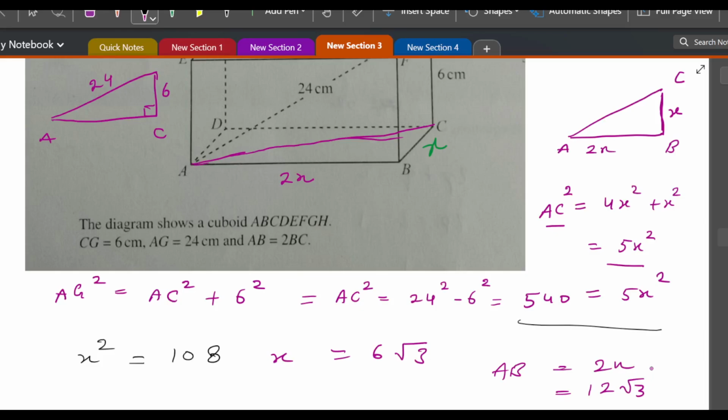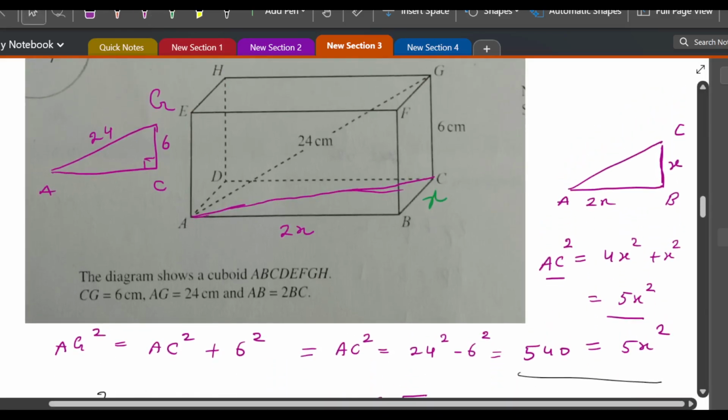Very important here is to understand that your ABC is a right angle triangle and ACG is also a right angle triangle. If you draw them separately, you will understand your problem. You have to divide your complex problem into simple problems.